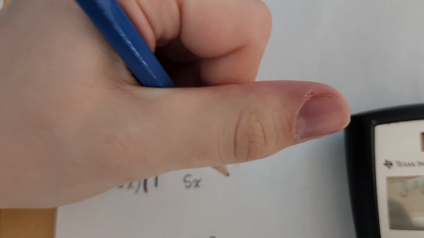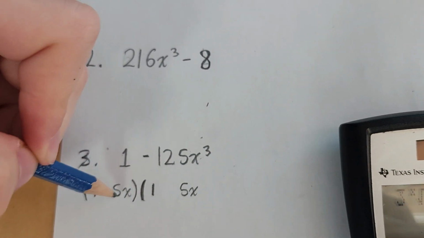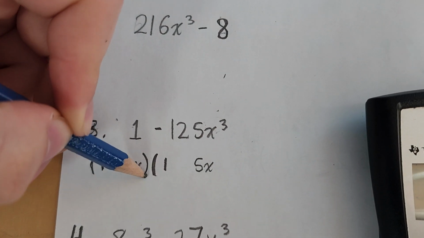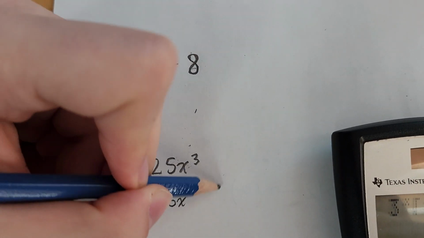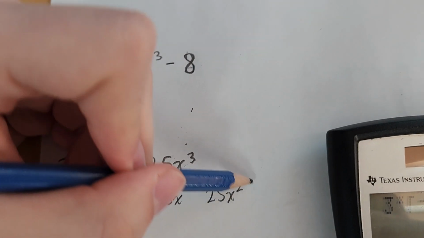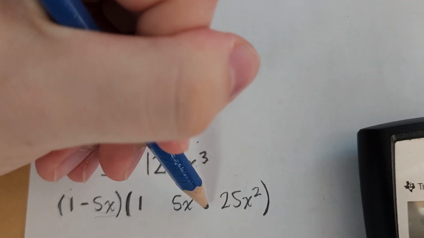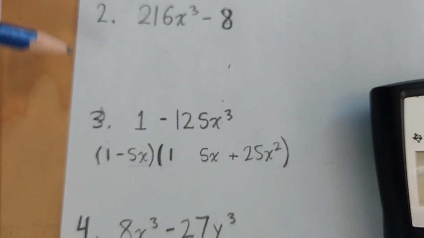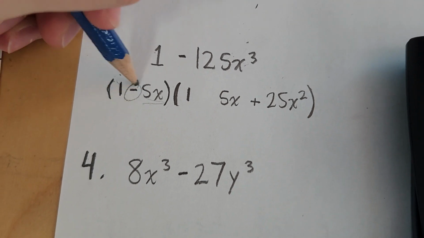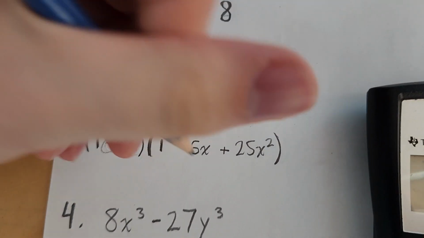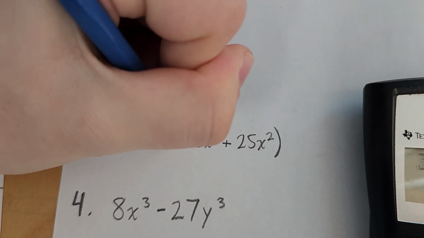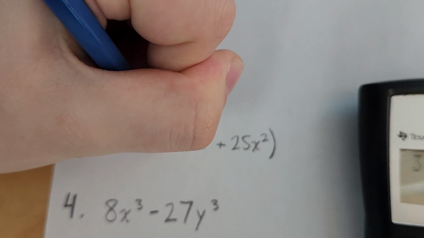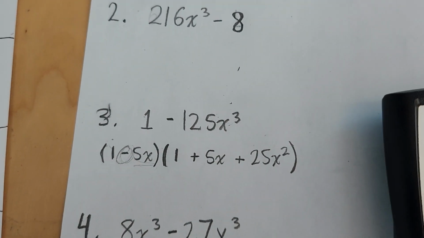Scintillating stuff here. And then this last term gets us 5x squared, which is 25x squared. All right, and then we close the bracket. This second term is always positive, and because there is a negative in this bracket here, this sign becomes positive.